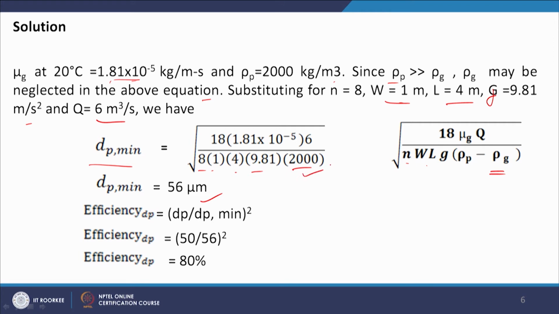By solving these expressions we get dp minimum equal to 56 micrometer. So, this minimum diameter is 56 micrometer when the flow is in laminar regime.